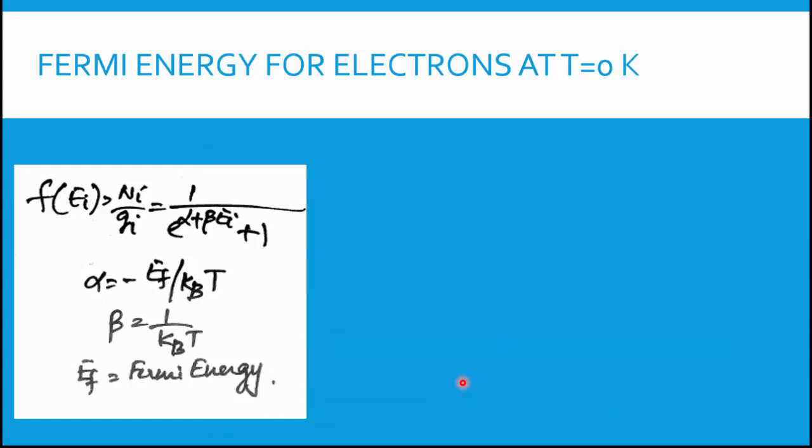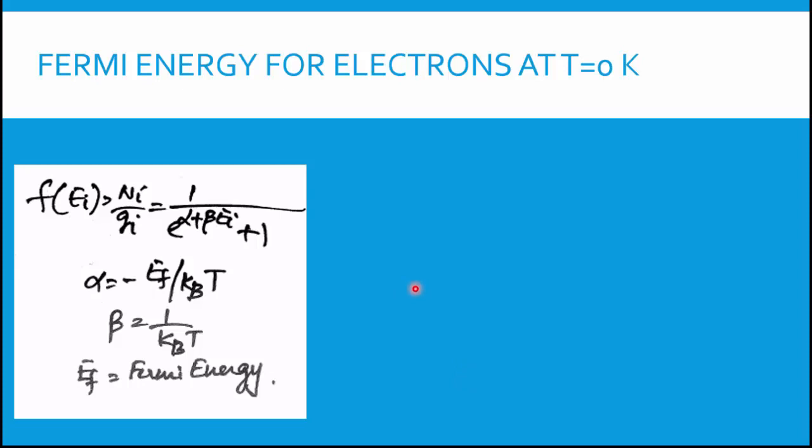Now, in this lecture, we are going to derive the relation between the number of electrons and Fermi energy. Furthermore, we are also going to derive the relation between the average energy of electrons and Fermi energy.